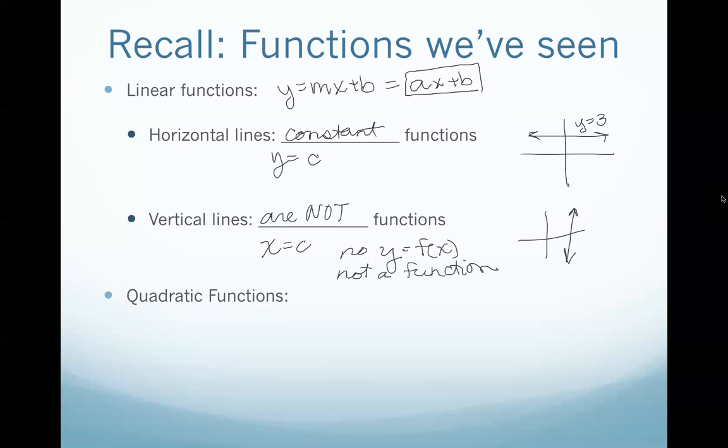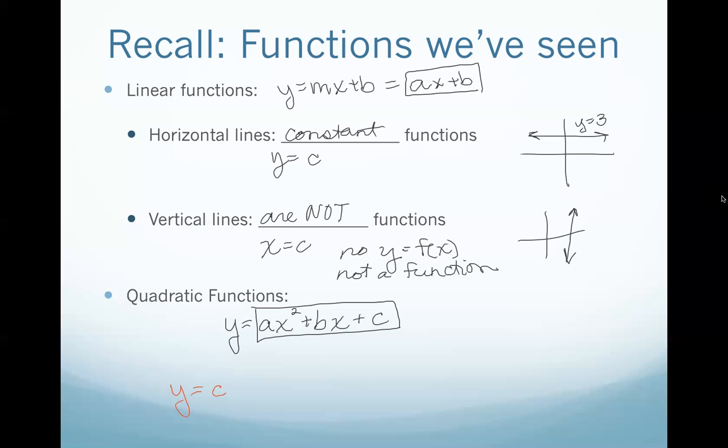And then our most recent chapter was about quadratic functions. And we said quadratic functions we can always have as y equals ax squared plus bx plus c. So if we look at a comparison, notice we've been just kind of adding a term as we're going along. So we had y equals just a number.